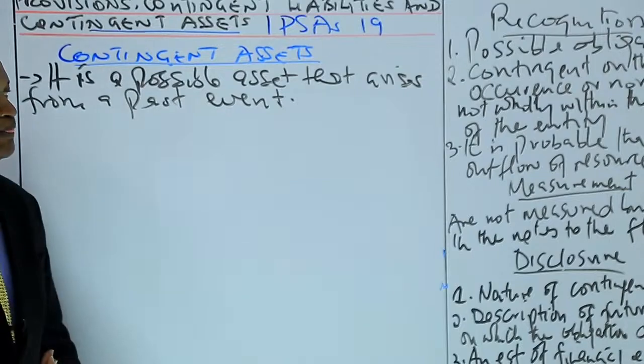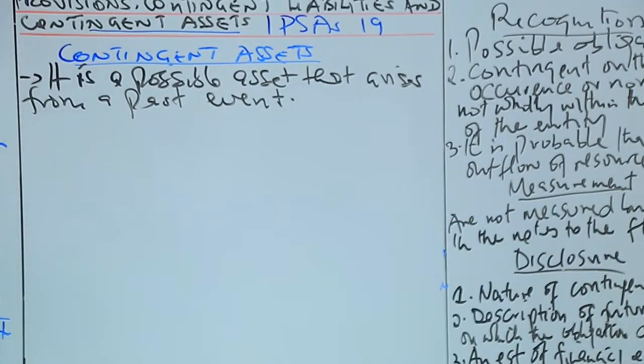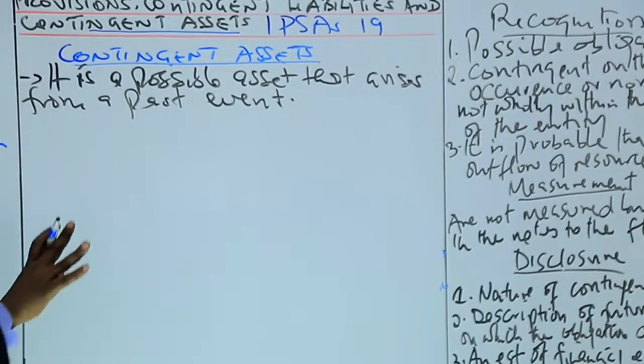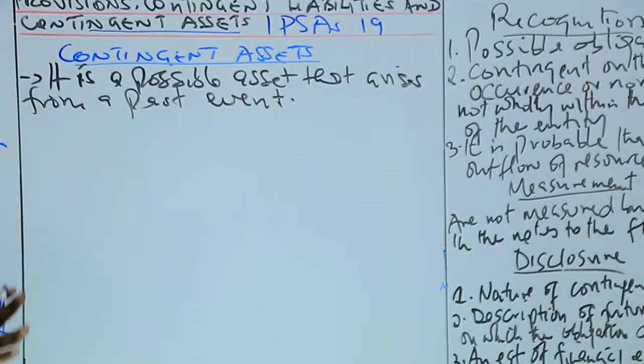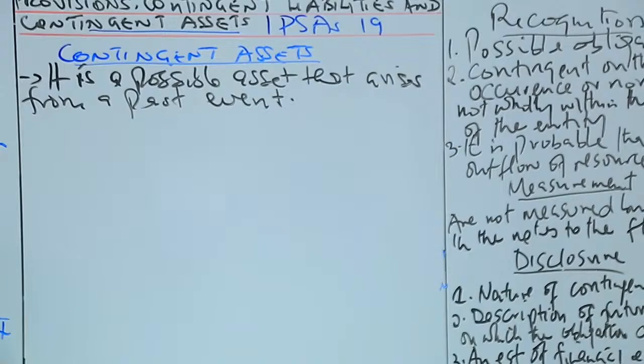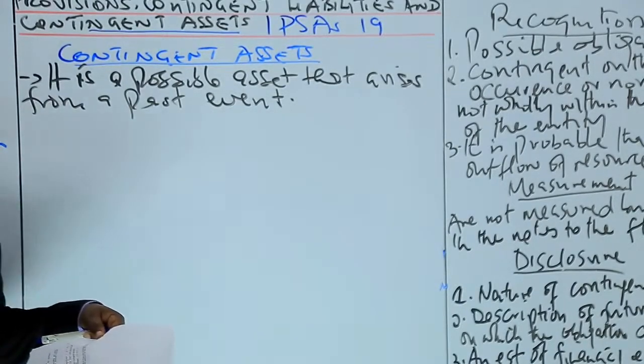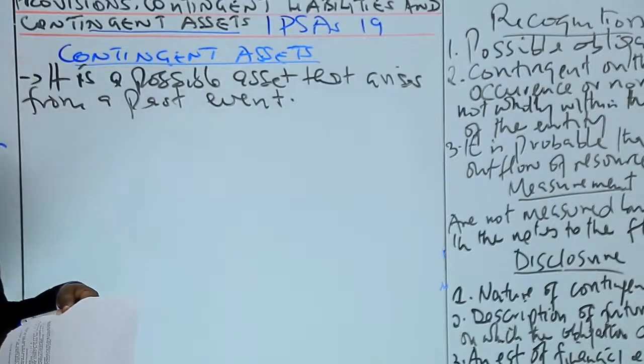Do you understand? If you understood contingent liability, then you can relate to what we are now talking about, contingent asset. It is a possible asset that arises from a past event.